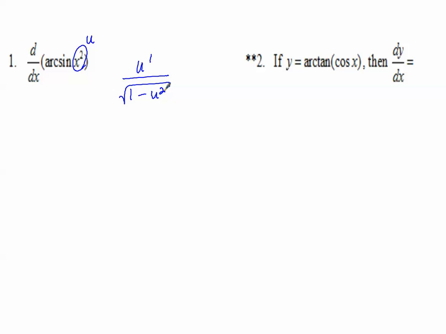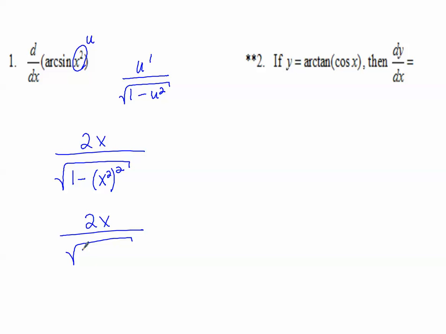We memorize it. Well, the u is x squared, so u prime is 2x. Square root of 1 minus, u is x squared, so x squared gets squared. Yes, this is a derivative, but let's clean it up. 2x over the square root of 1 minus x to the fourth. We cannot simplify this further, so we're good.